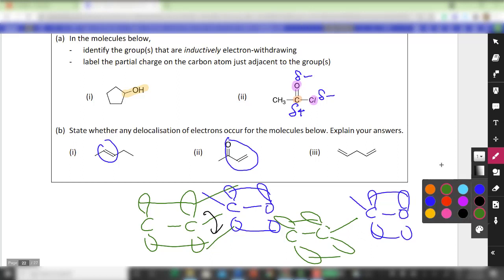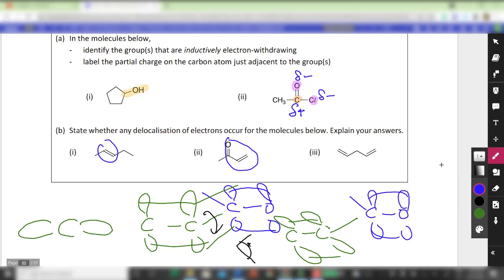If I put my eyes here, then it will look like this, and then in front there's another carbon. So you notice that these two are orthogonal.